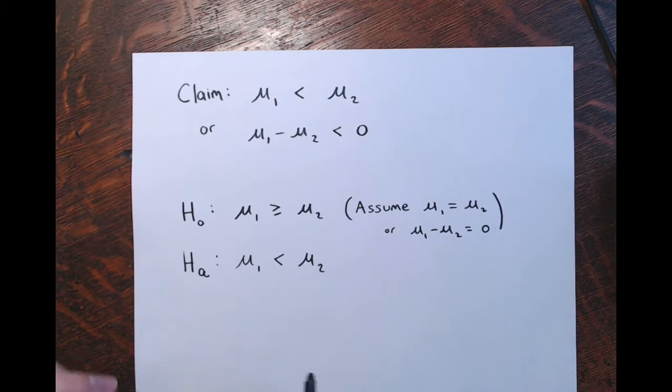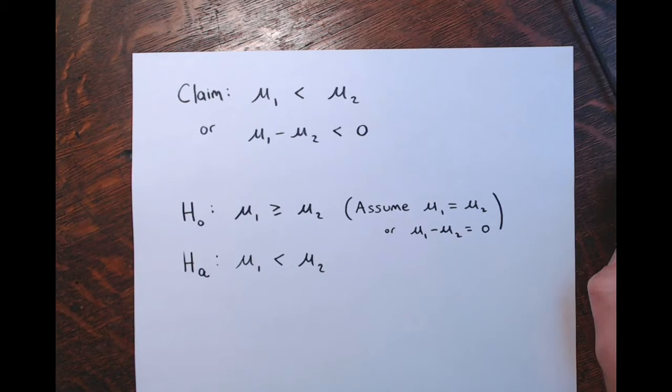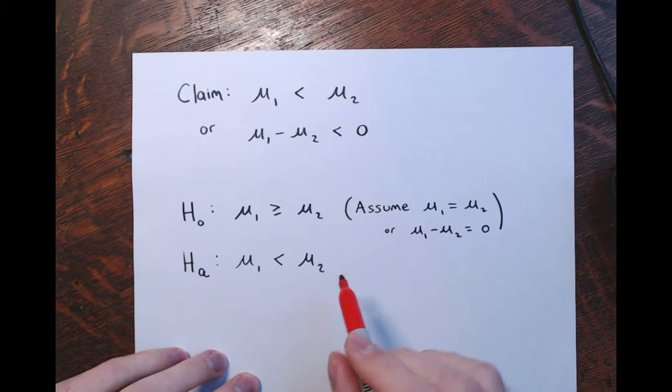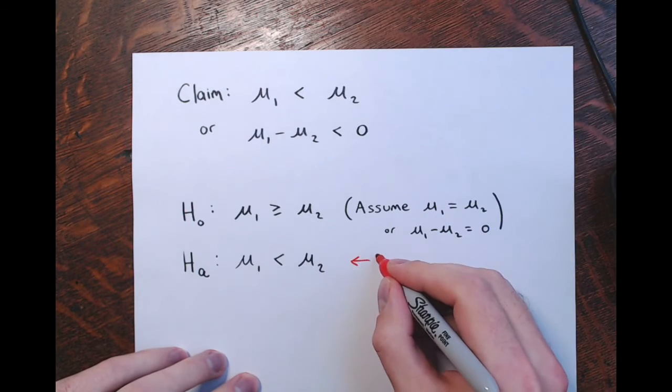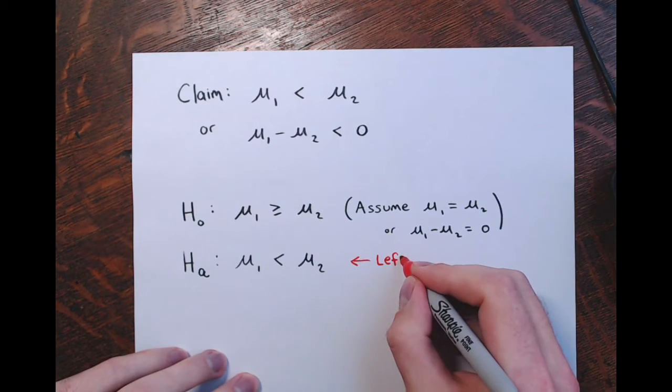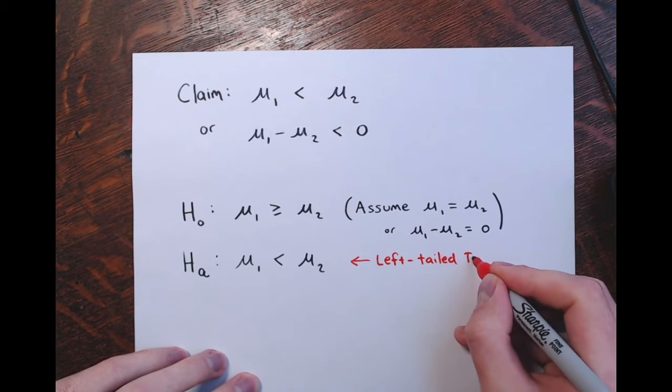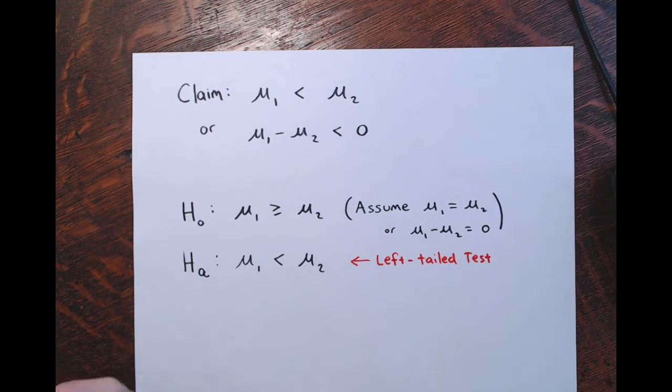That's all we're asked to establish right now, this null and alternative hypothesis. Another thing I can see from this is the alternative hypothesis involves a less than, so this tells me this is going to be a left-tailed test. When I go to calculate the p-value of my test statistic, it's simply going to be the area to the left under the curve.